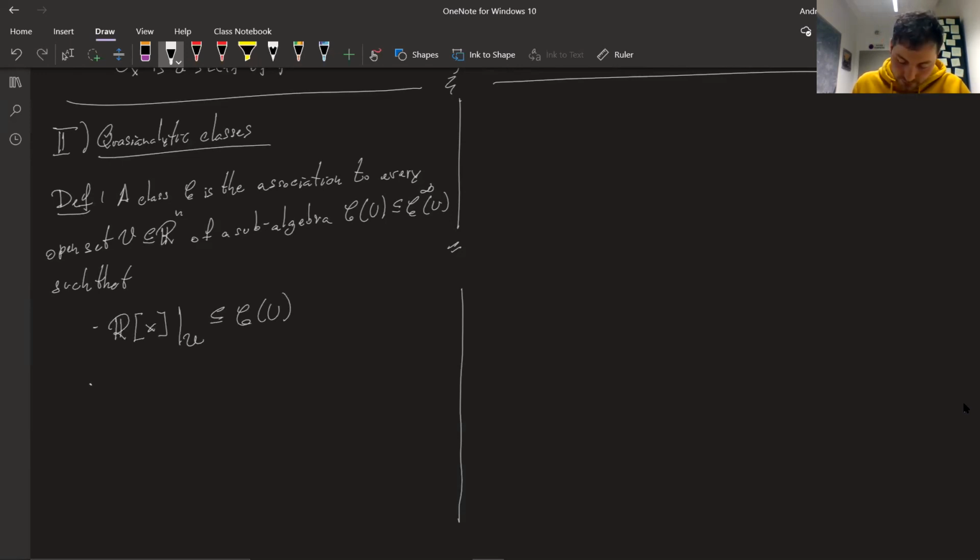It's also going to be closed by compositions of C mappings.